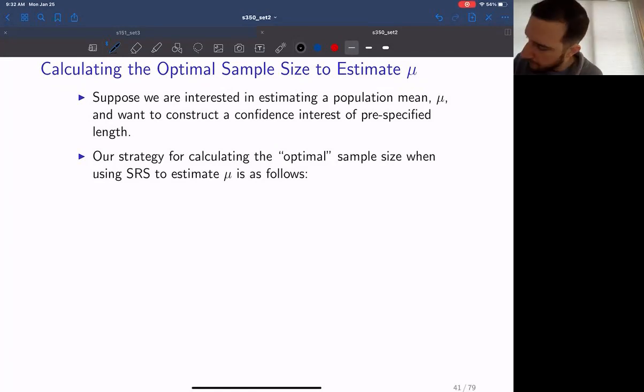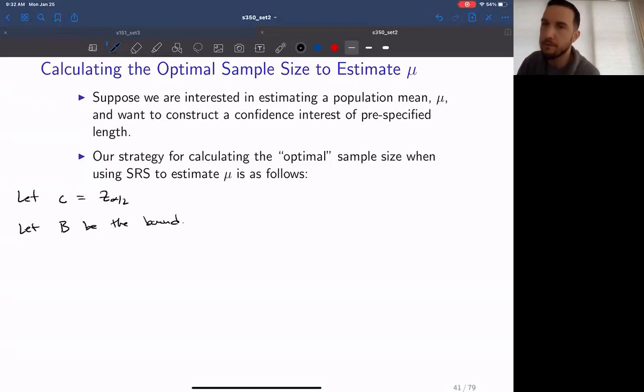So first, we'll let little c equal the z-score. This is for no other reason than it makes writing easier, I don't have to write z alpha over 2 every single time, but you don't have to do this. It's just a quick definition to change things. Okay, and then we'll let capital B be the bound. That just follows from the letter that I used when we did the tau estimate earlier.